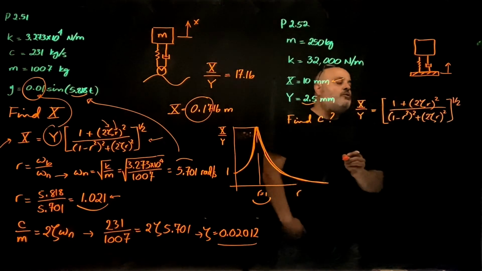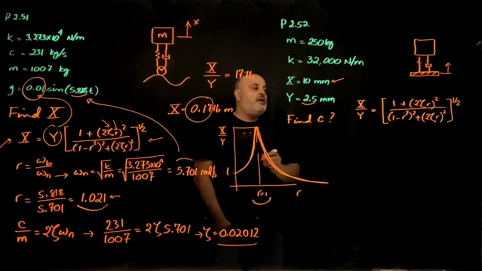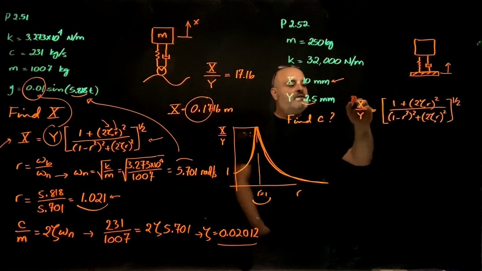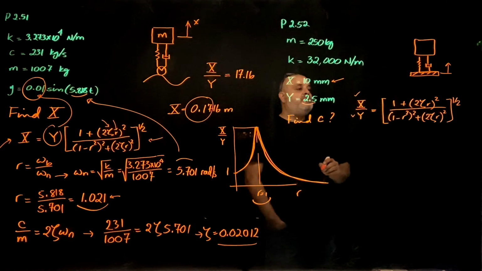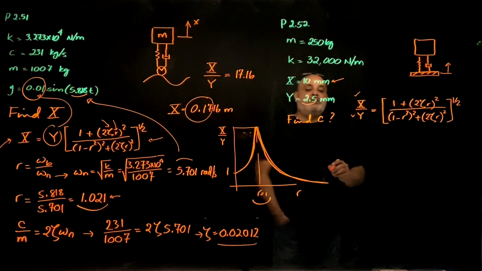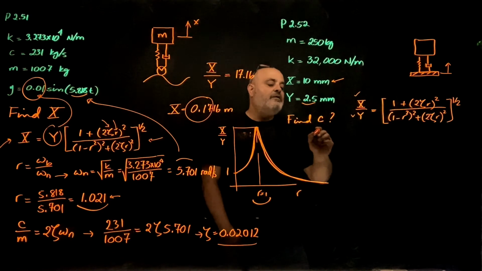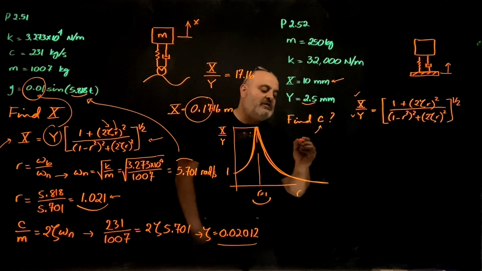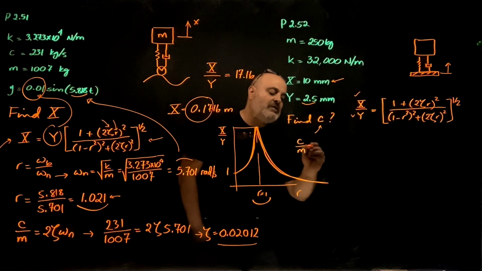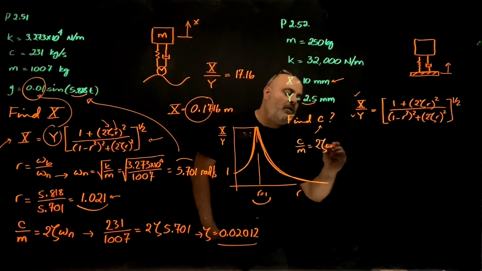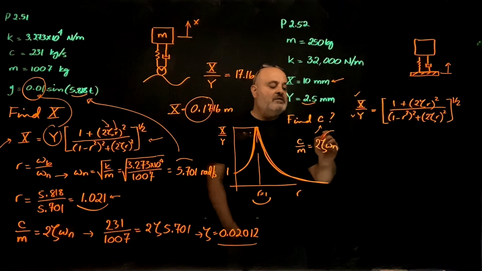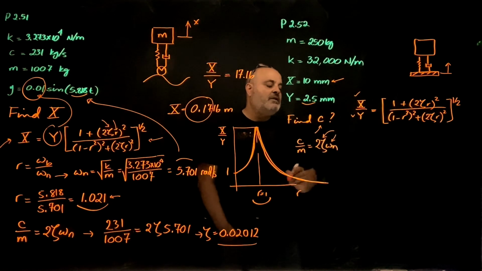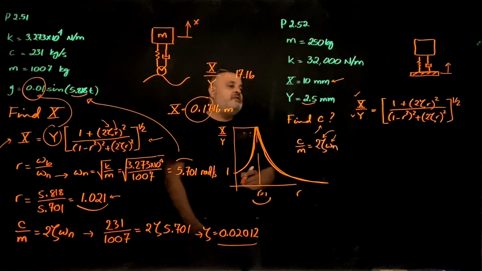Okay, I know what x is, I know what y is, and I need to find c. If I want to find c, I know that c over m is 2 zeta omega n. So if I find zeta and omega n, then I can find c.